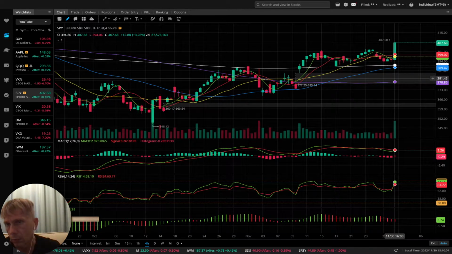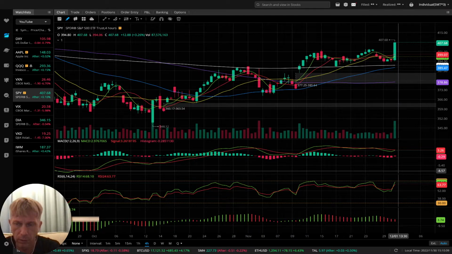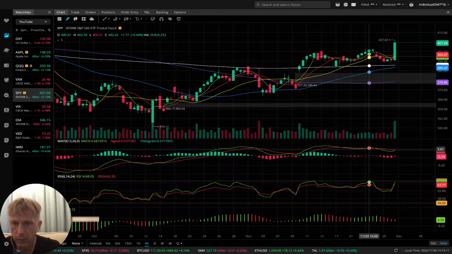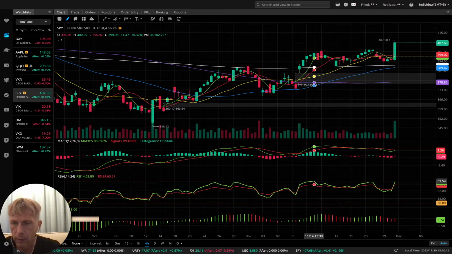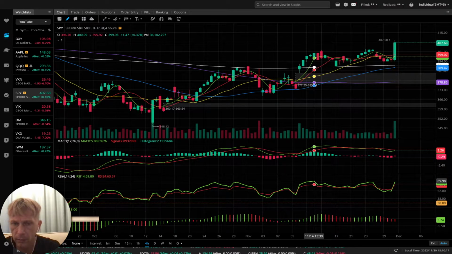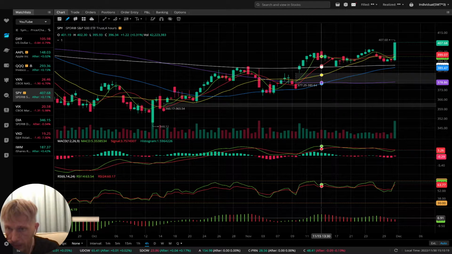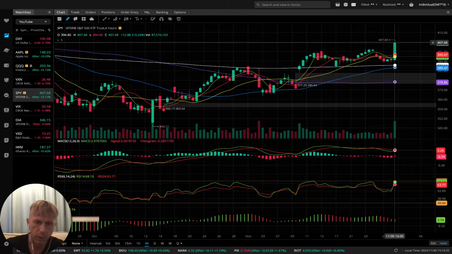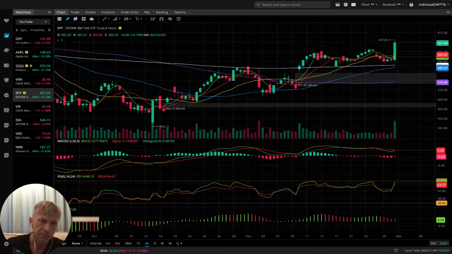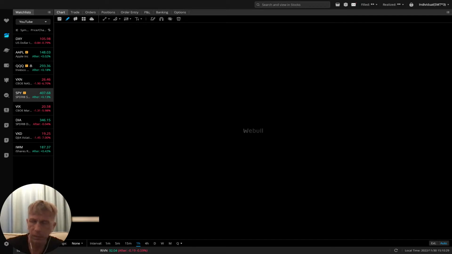It can move higher and destroy the bearish divergence, but so far there is still bearish divergence on the histogram, on the RSI, and on the awesome oscillator. Still bearish divergence on 4 hours. 1 hour. 1 hour for SPY.